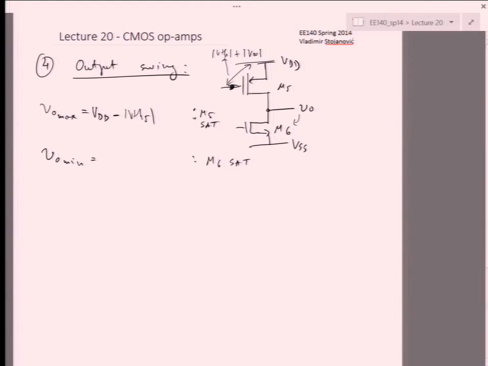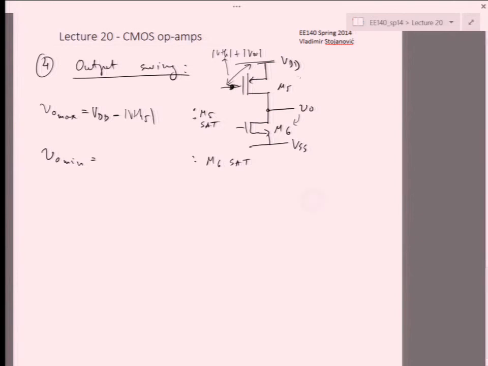So how high can this node go before this transistor goes into triode region? You remember the analysis of the current sources. We had something very simple for the voltage here. VOV.